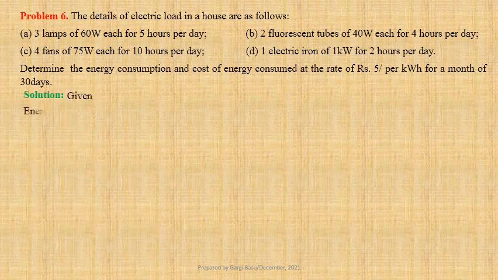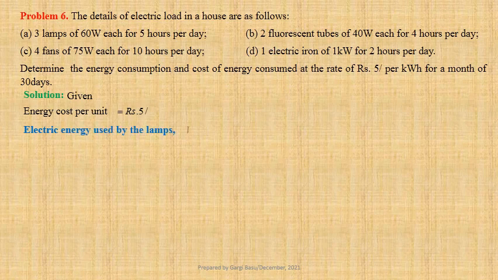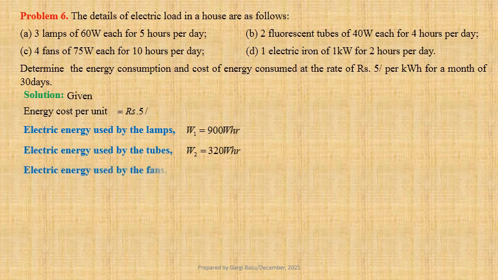Given energy cost per unit equals rupees 5, we have obtained electric energy used by the lamps W1 equals 900 watt hours. Electric energy used by the tubes W2 equals 320 watt hours. Electric energy used by the fans W3 equals 3000 watt hours.